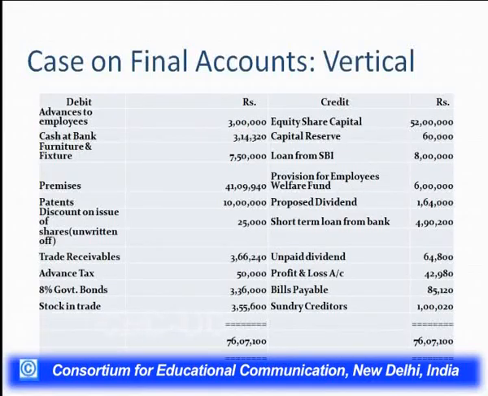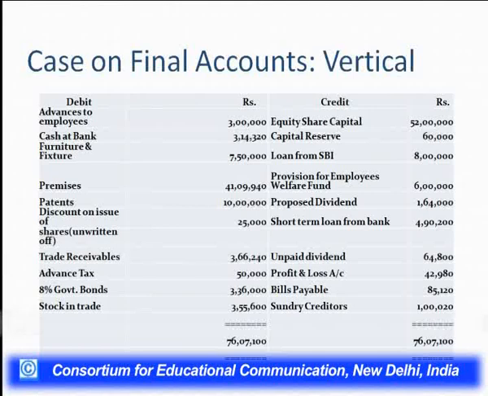This is a case on final accounts in vertical format. We are going to present debit balances and credit balances of certain items that have been given in a trial balance. We have been given advances to employees. Second is cash at bank, furniture and fixture.